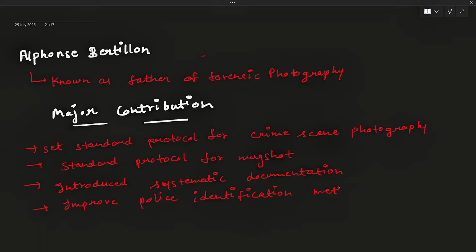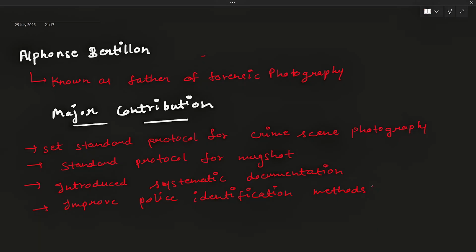Before Bertillon, investigators photographed the crime scene according to their own preference. One investigator stood close to the evidence, another stood far away. Someone photographed from the left and someone else from the right. So there was no standard procedure.